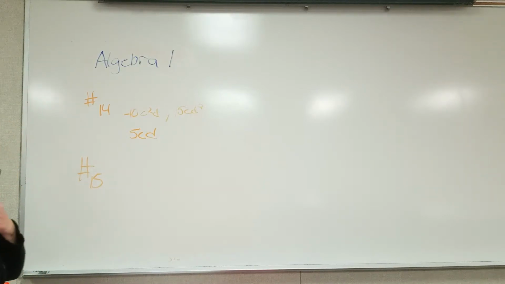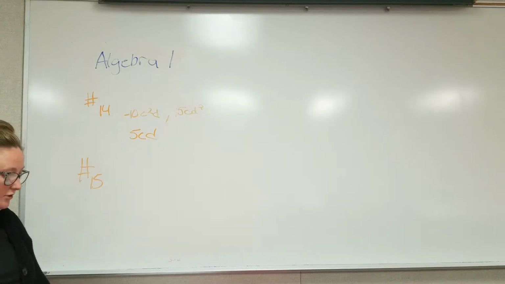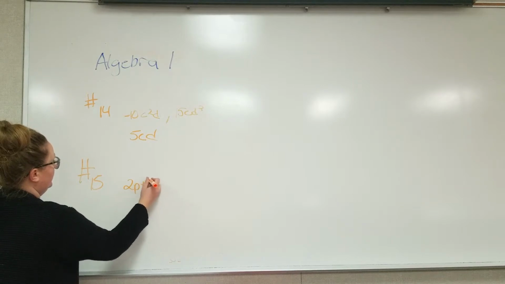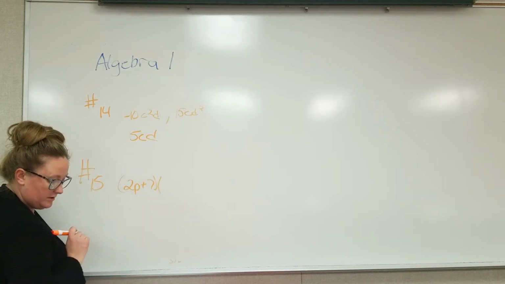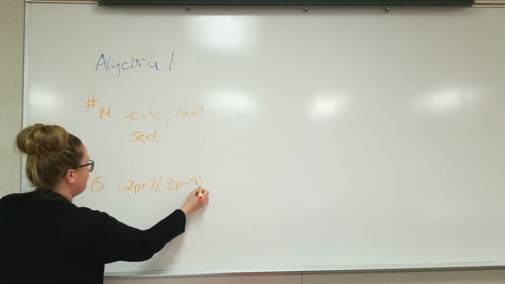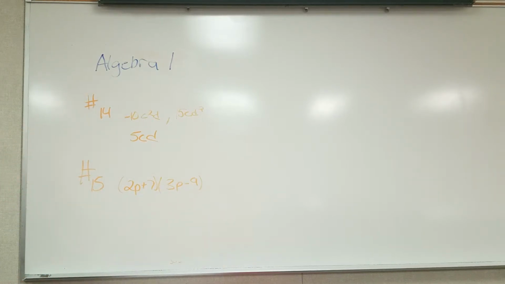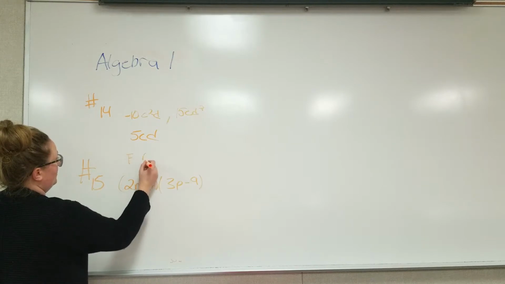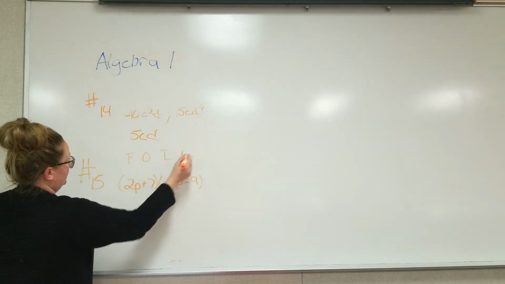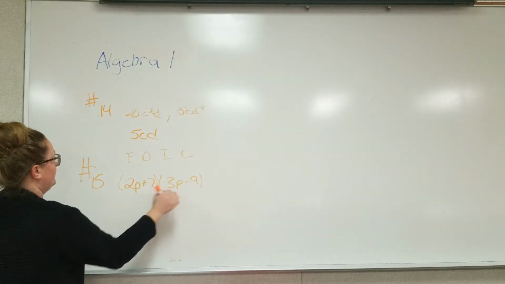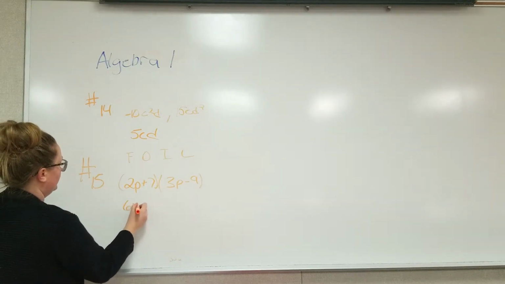All right, problem number 15, they want you to multiply some binomials. So they want 2p plus 7 times 3p minus 9. When we multiply binomials, we use the FOIL method. So first, outer, inner, and last. Your first terms are these two terms. 2p times 3p is 6p squared.